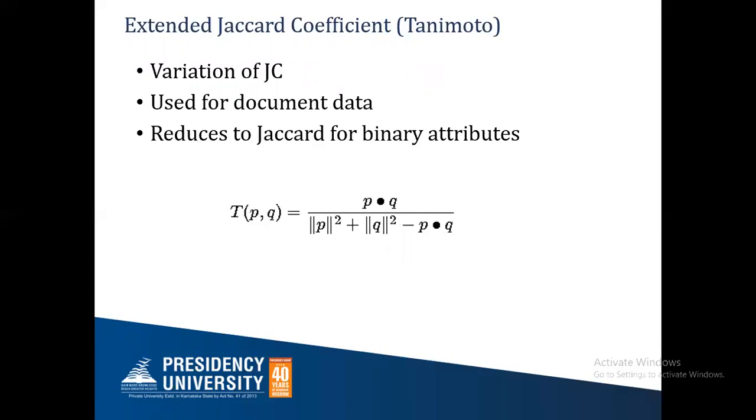The value is calculated as T(p, q) equals p · q, the vector dot product, divided by mod p squared plus mod q squared minus p · q. This is the length of p and q, which we just found similarly for d1 and d2. This is the formula to calculate the Tanimoto coefficient, the extended Jaccard coefficient, represented by T.